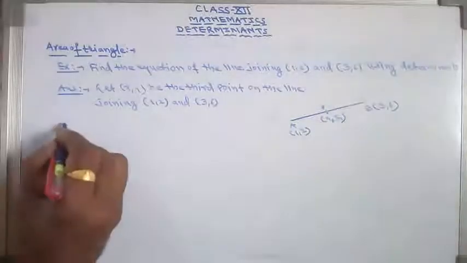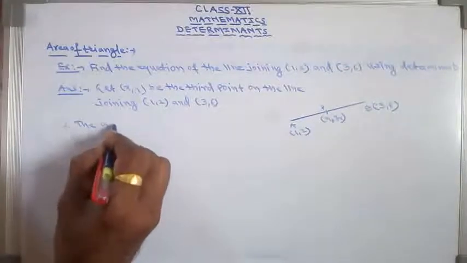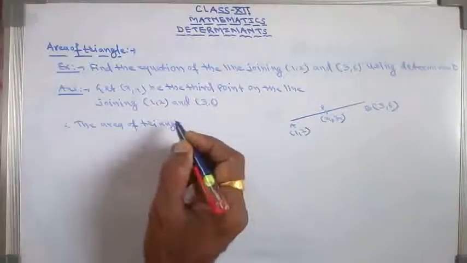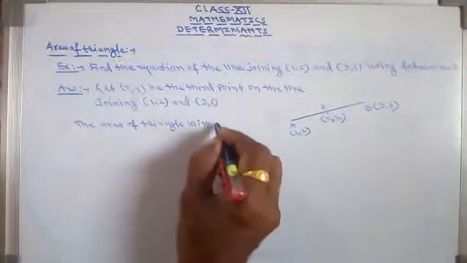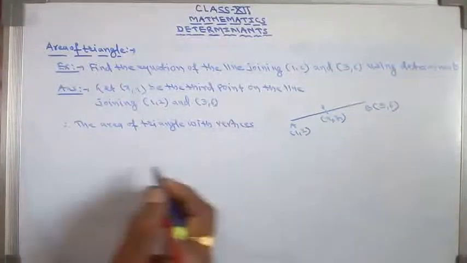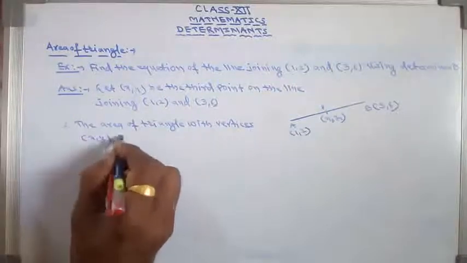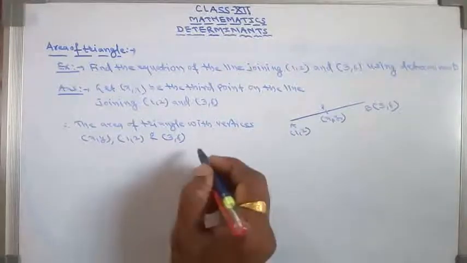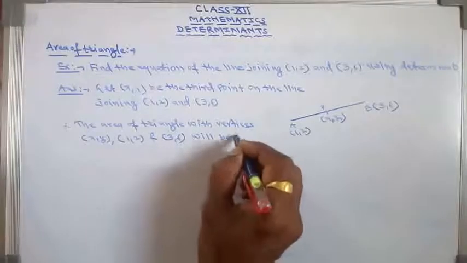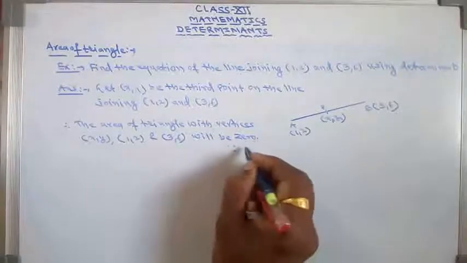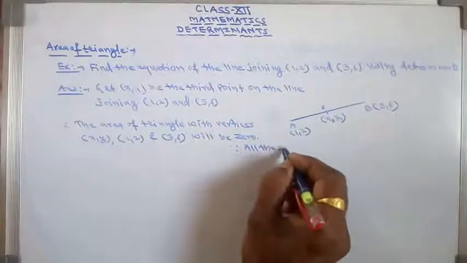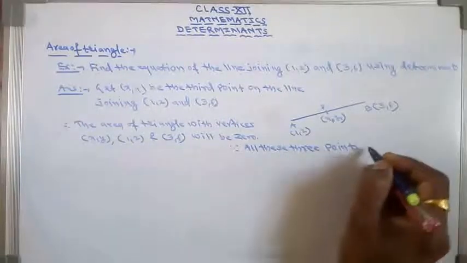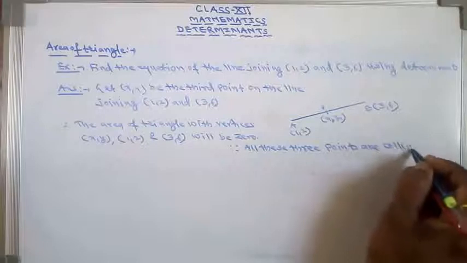Therefore the area of the triangle with vertices (x, y), (1, 2) and (3, 6) will be 0, since all these three points are collinear.